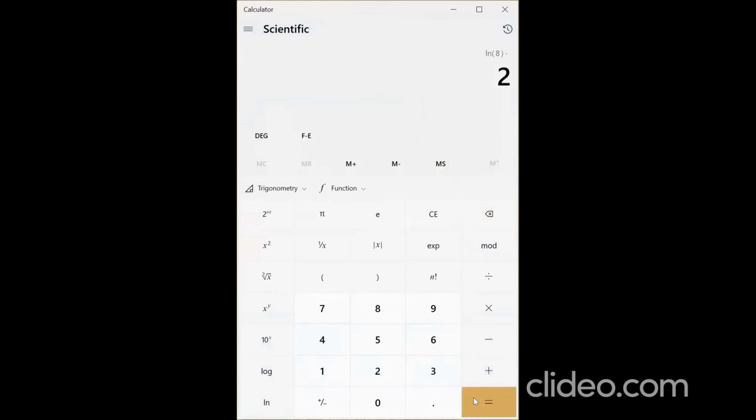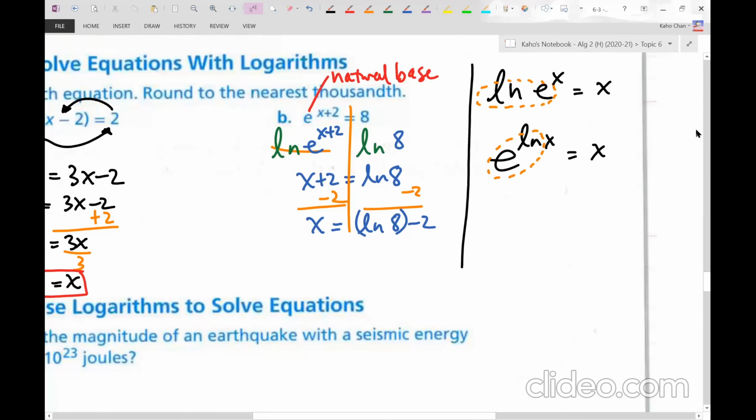Subtract 2, and I get approximately 0.079. Good enough. Oh, there's the thousandth. There it is.